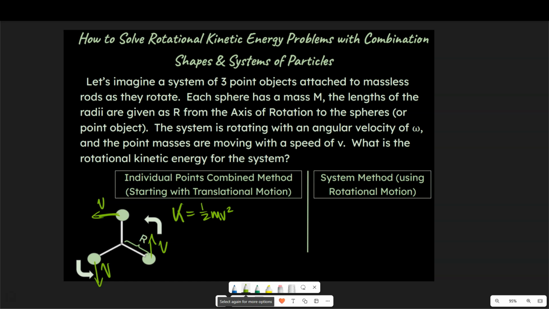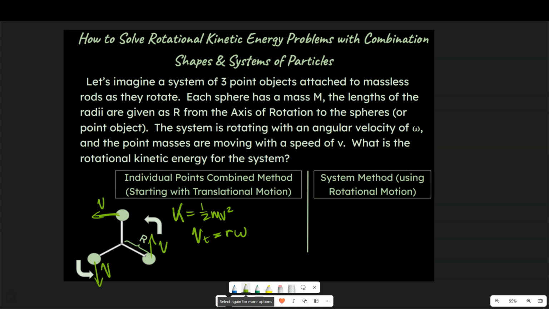So we can take the kinetic energy of each of the 3 points, put them together, and I'm going to contrast that later. I'm going to show you how to do this as a system using rotational values. Since we do want to compare the two and see how they turn out, we can immediately start to think in terms of this equation right here.